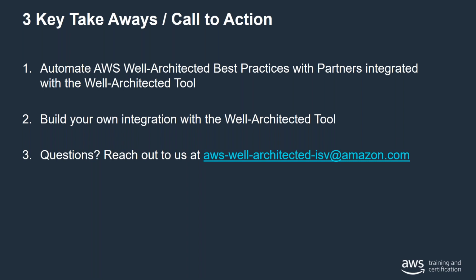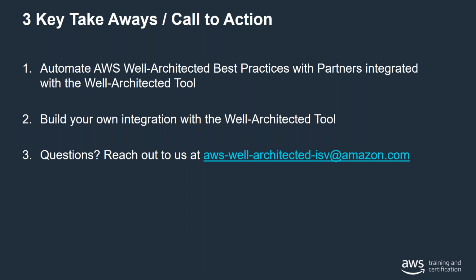So where would I like you to go from here? What are the 3 key takeaways? What's your call to action? One of them is that you can automate the AWS Well-Architected best practices with partners that are already integrated with the Well-Architected tool. You can also build your own integration. And I really like the fact that John pointed out that this integration includes automatically creating tickets in your ticketing systems.